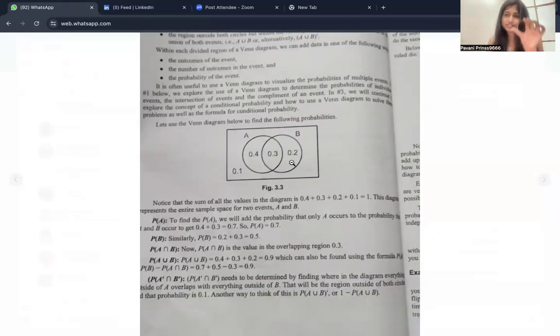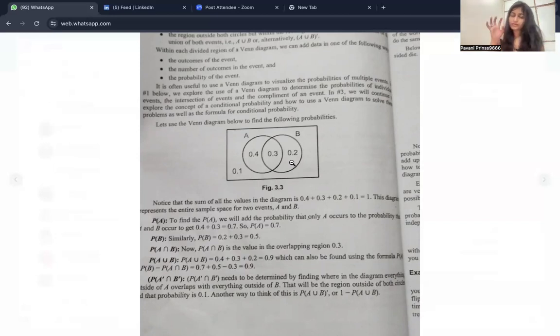It's like 0.4 students are only in chess, 0.3 students are both in chess and football, 0.2 students are only in football. If I ask how many total students are in football, you should say 0.3 plus 0.2, isn't it?